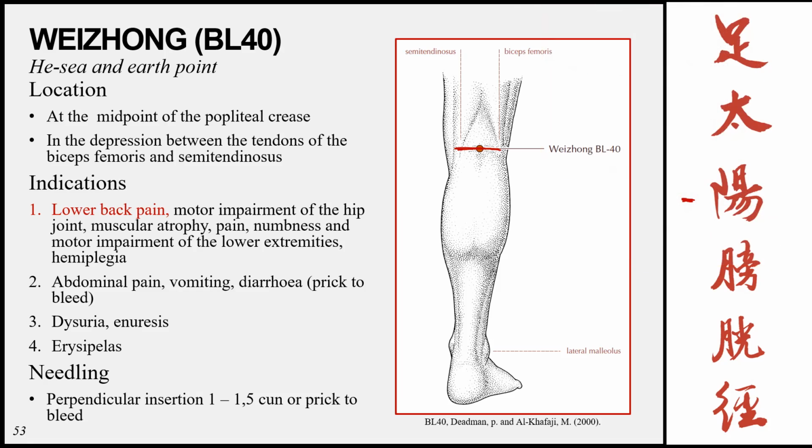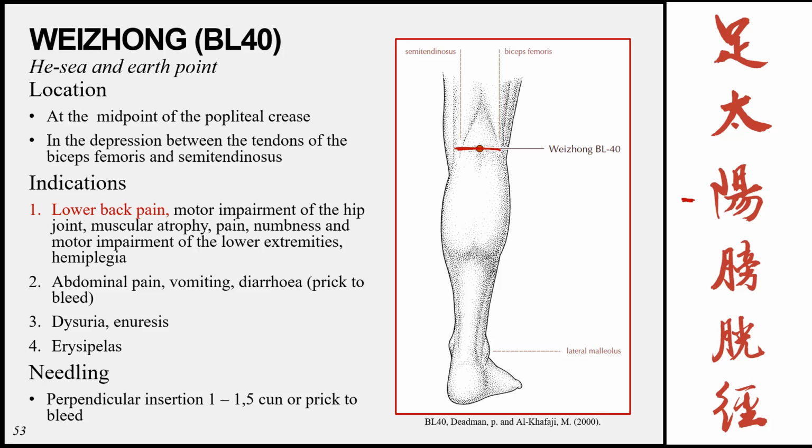The functions of this point. I've highlighted lower back pain, as that's a very important function of this point, and we use it quite a lot in lower back pain. And then other functions are things such as motor impairment, numbness, paralysis of the lower legs. And then we can also use it for abdominal pain, vomiting, diarrhea, and if we're using it for one of these conditions, we normally use it as pricking to bleed.